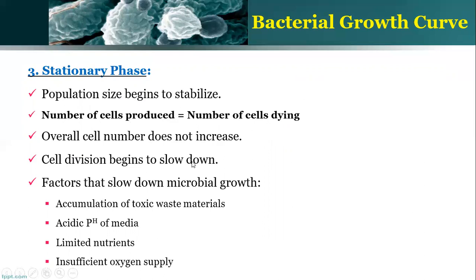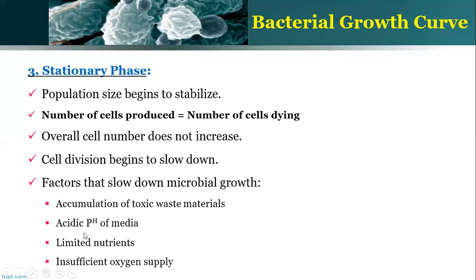The factors which influence the slowdown of microbial growth are the accumulation of toxic waste materials, and change in the pH, that is acidic pH of the medium, because due to the release of all byproducts, the pH of the medium may decrease due to acidic condition. The acidic pH is toxic to the growth of bacteria.